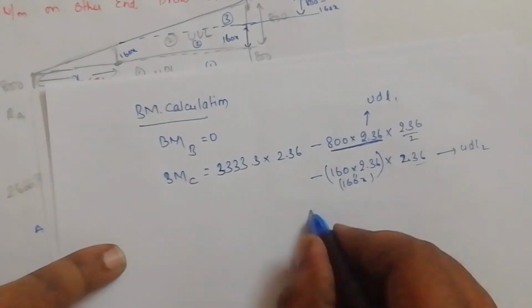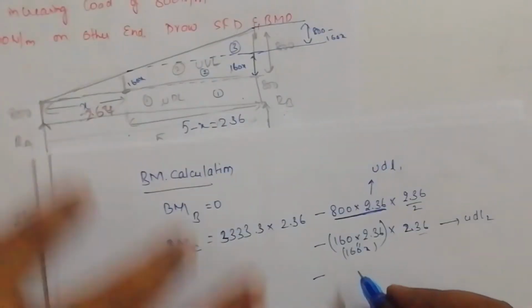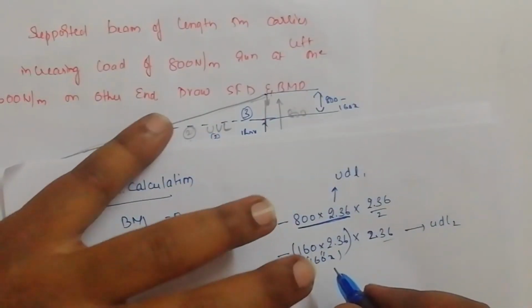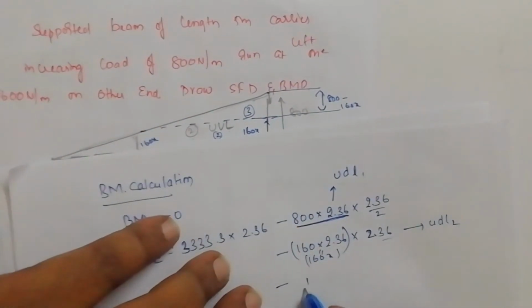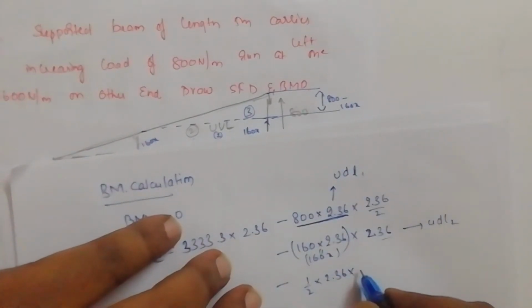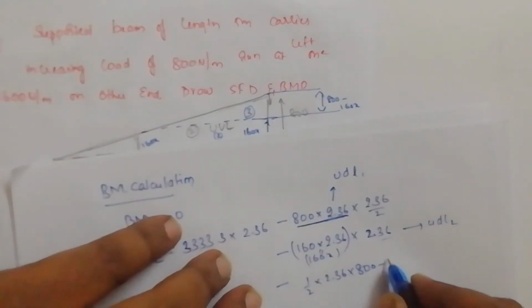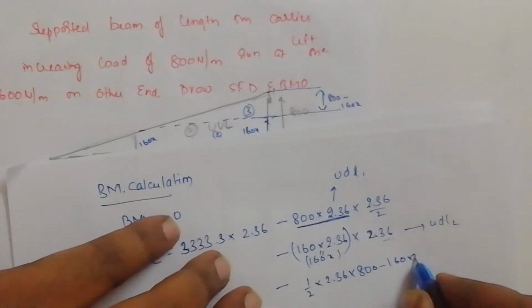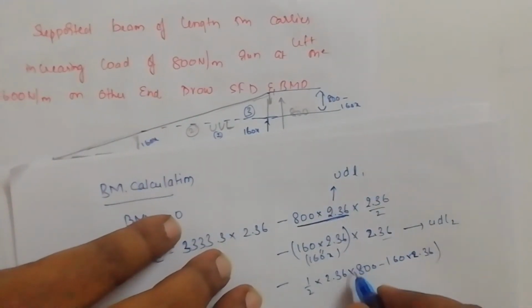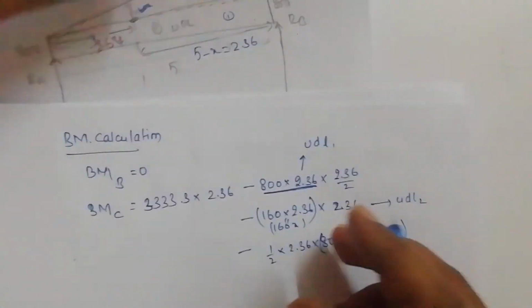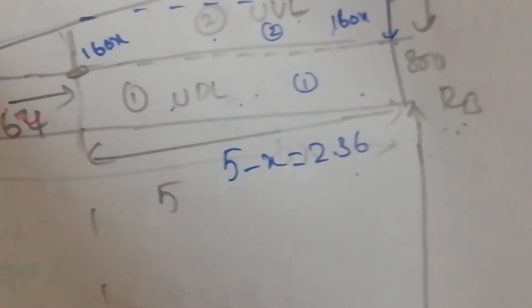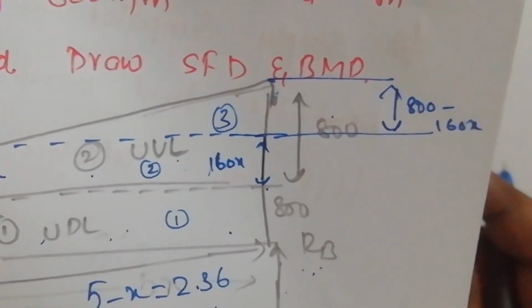Now I have to take for UVL. So how to take for UVL? If you see, half into base into height, half into base is 2.36 into height is 800 minus 160 into 2.36, because we are having a value here, 800 minus 160x.